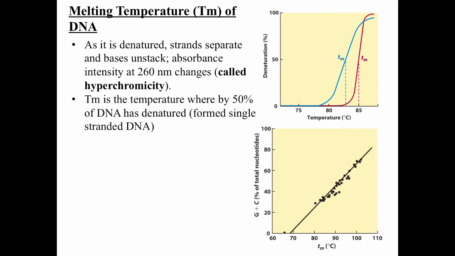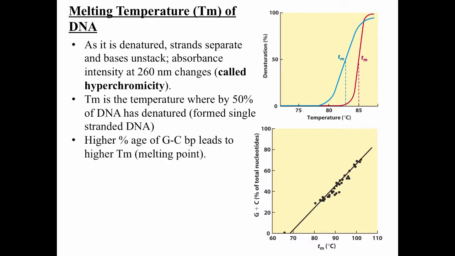So Tm is the temperature where 50% of the DNA has melted, that is, it's formed single-stranded DNA. And you can measure that by measuring the absorbance at 260 nanometers.